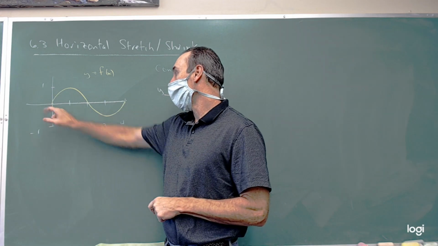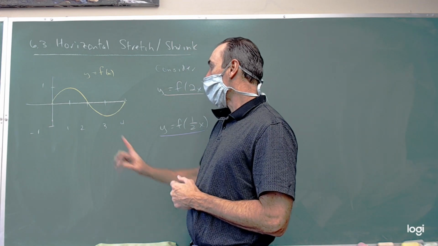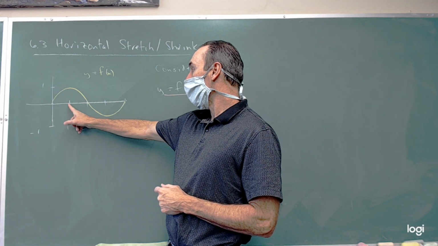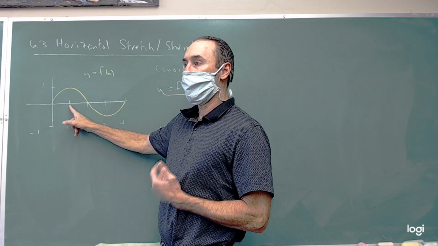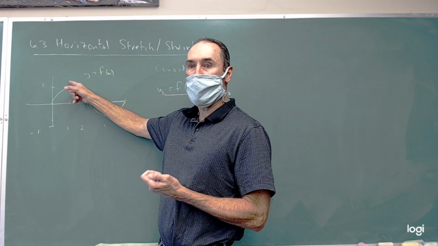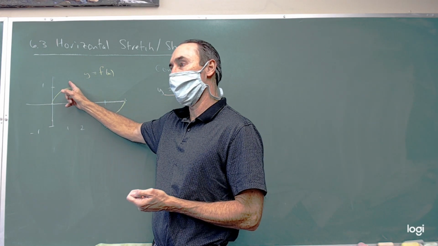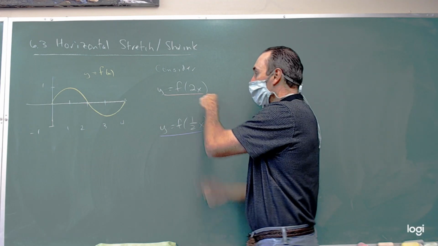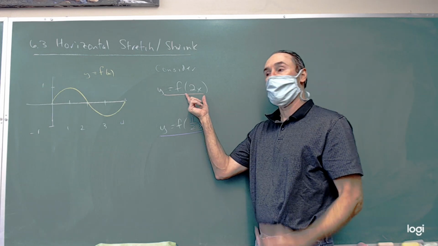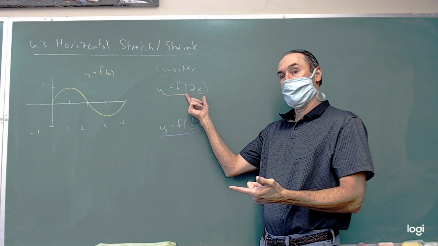So we're still going to get 0. But now we know that f of 1 is going to equal 1. So an x value of 1 on the original function will give us a y value of 1 on the original function.